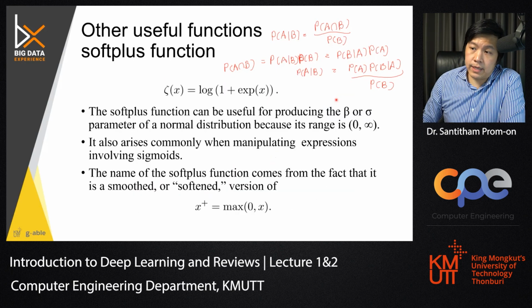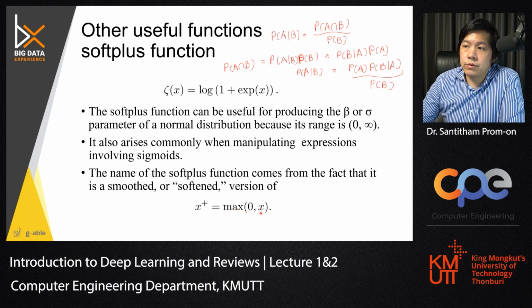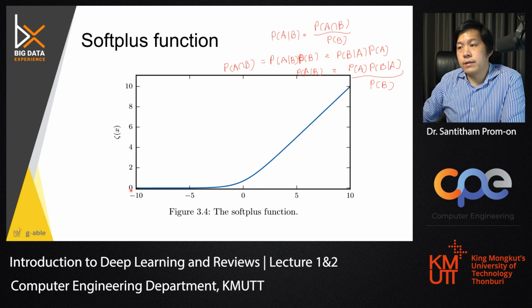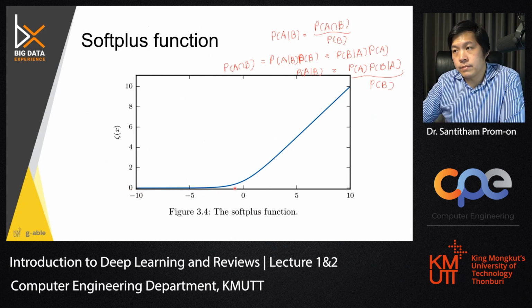Softplus has a value of 0 and then increases and becomes linear after it passes 0. Softplus can be used to represent a value that is 0 or has the value of x when it's more than 0.